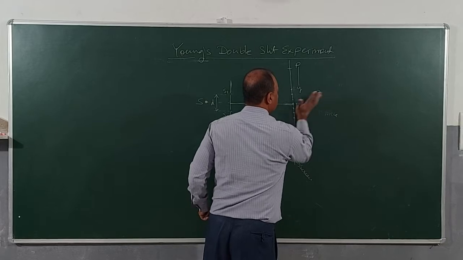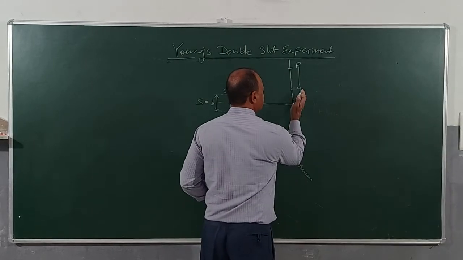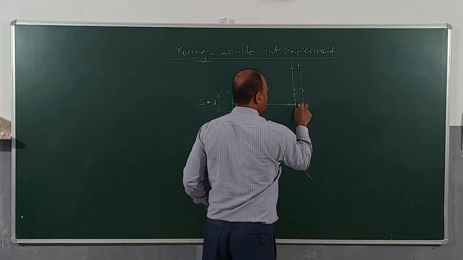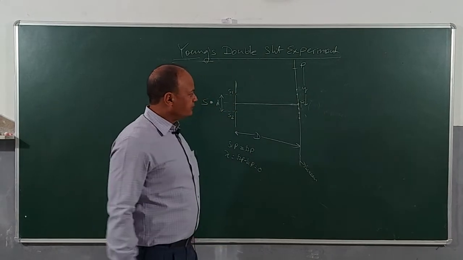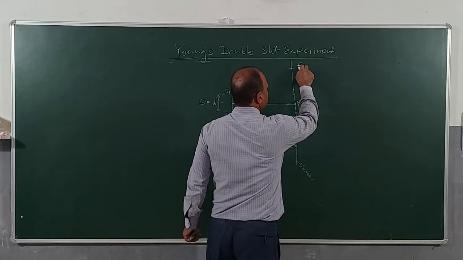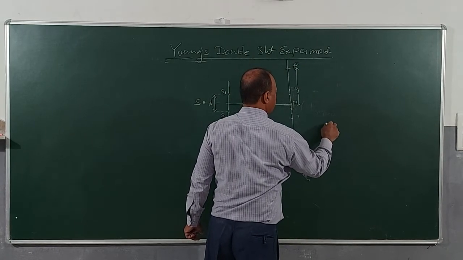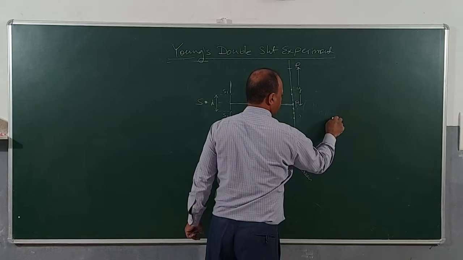I will rub all this so that I can clearly show these measurements. This is y and this is point P, and of course you have the eyepiece here. I will show it separately so that it does not come in the way of marking the diagram.